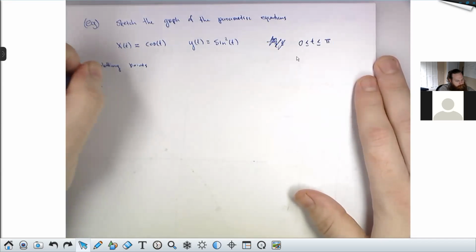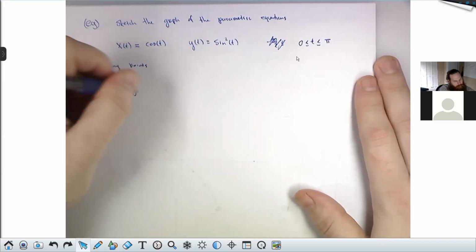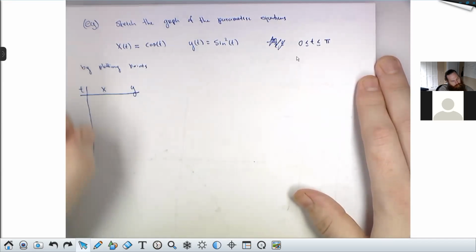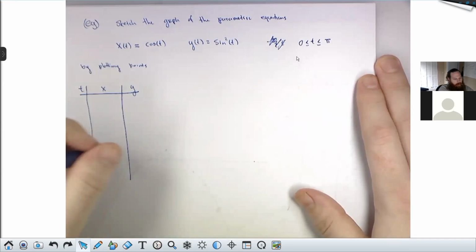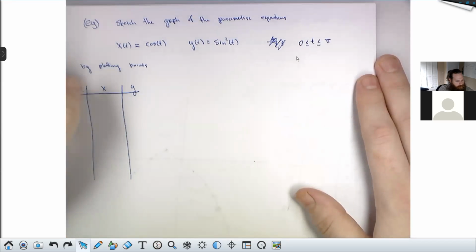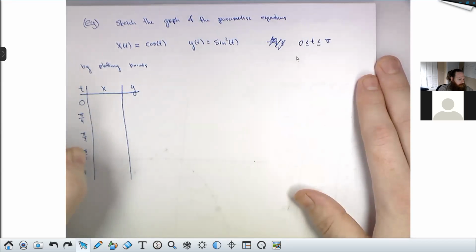So I make a table. And here the t values that I want to plug in are going to be nice things to plug into trig functions between 0 and pi. So I could do 0, pi over 4, pi over 2, 3 pi over 4, and pi.